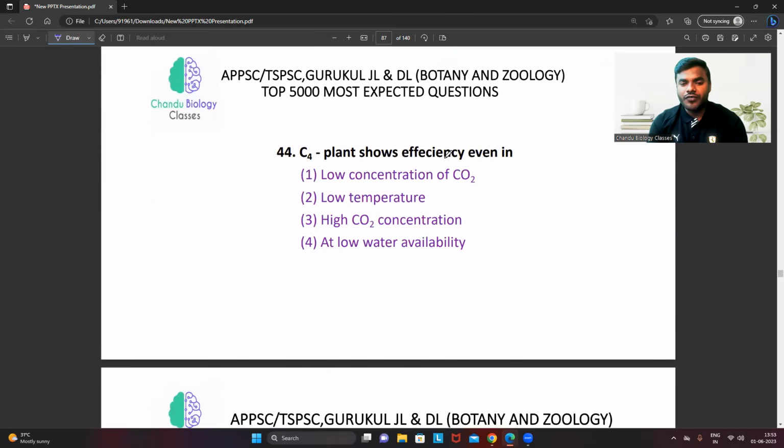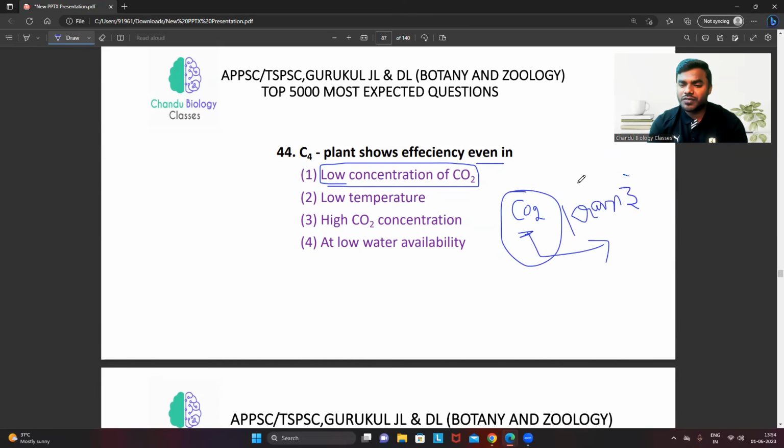Next question, C4, very good question. C4 plants show high efficiency even because of the low concentration of carbon dioxide. Friends, even though the carbon dioxide concentration is very low, C4 plants always fix only the carbon. They never fix the oxygen. What is the reason? Because of Kranz anatomy. Because of the bundle sheath cell, oxygen never ever enters into the bundle sheath.